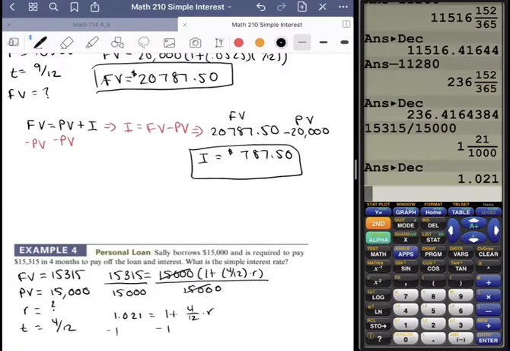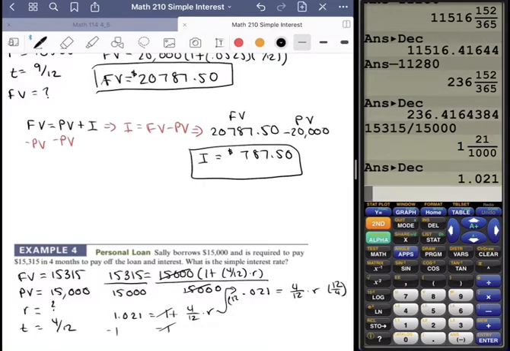So minus 1 on both sides. So now I have 1.021, sorry, not that at all, 0.021 is equal to 4 out of 12 times r. After that, I'm going to multiply by the reciprocal. What I do to one side, I must also do to the other.